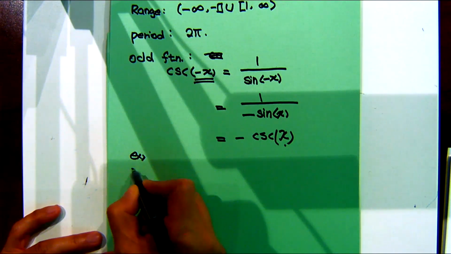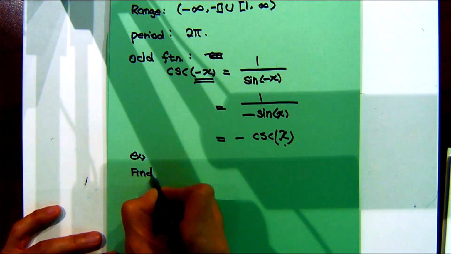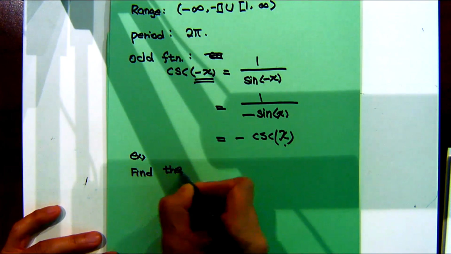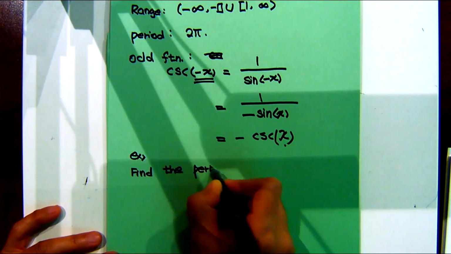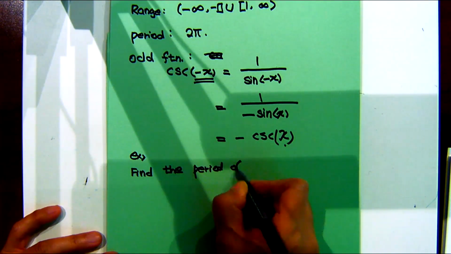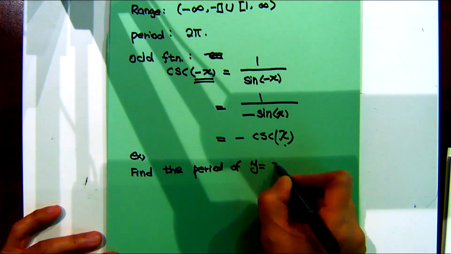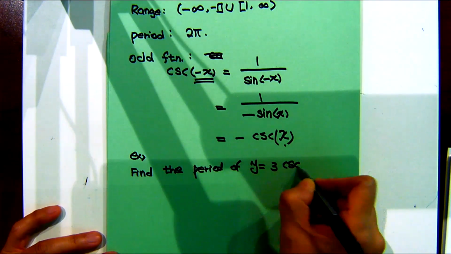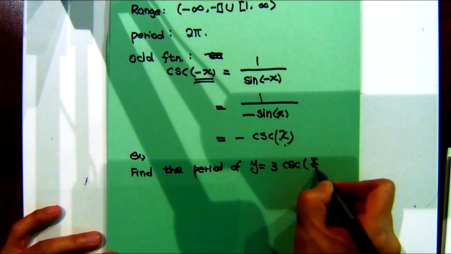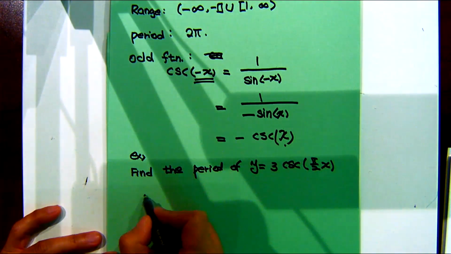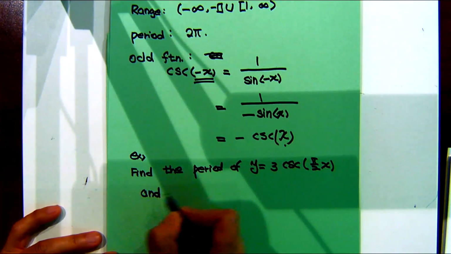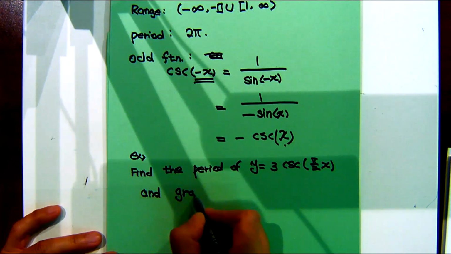The next problem is find the period of y equals 3 times cosecant of pi over 2 x and graph it.